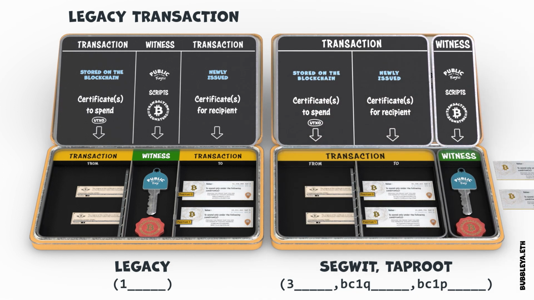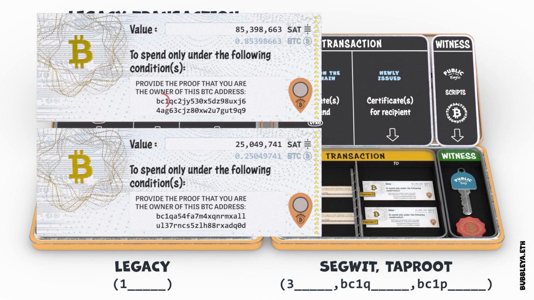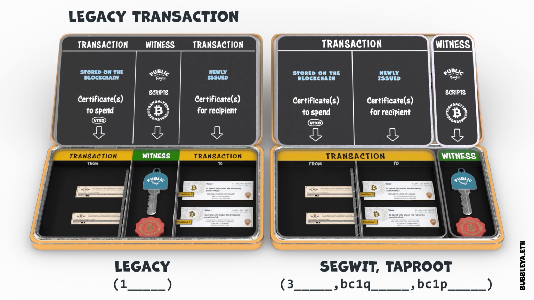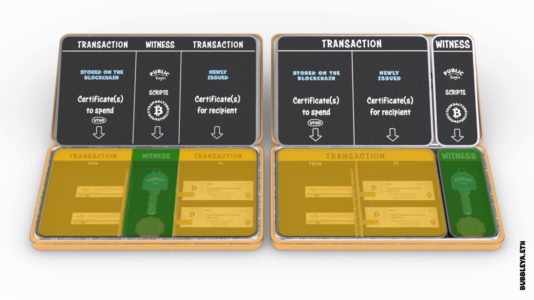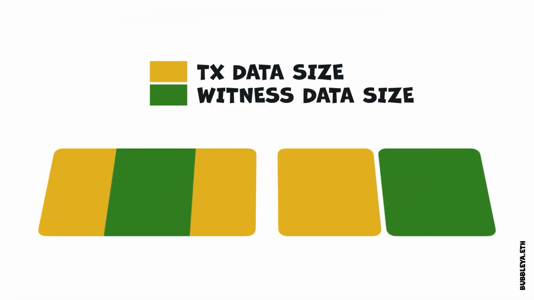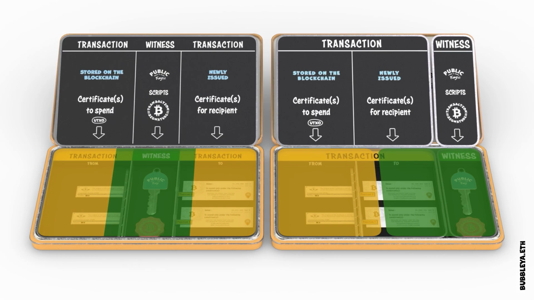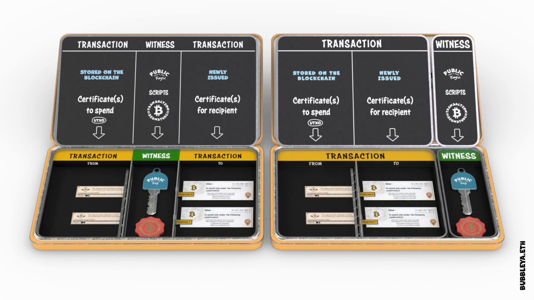However, the transactions for payment with the certificates issued to the SegWit and Taproot addresses have two boxes, transaction data and witness data. We will call this type of transaction a SegWit transaction. For accuracy, we must state that the size of the witness data is on average the same size or higher as transaction data, although we represent the witness box in our movie much smaller.